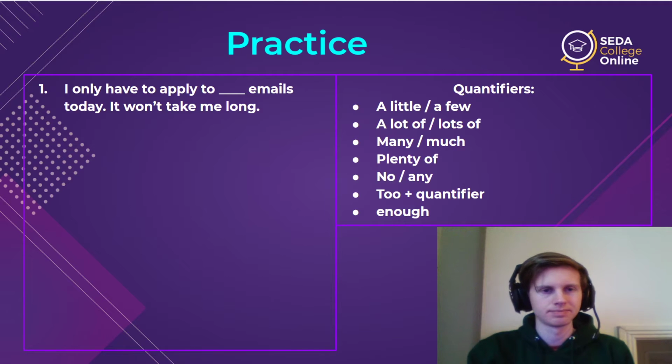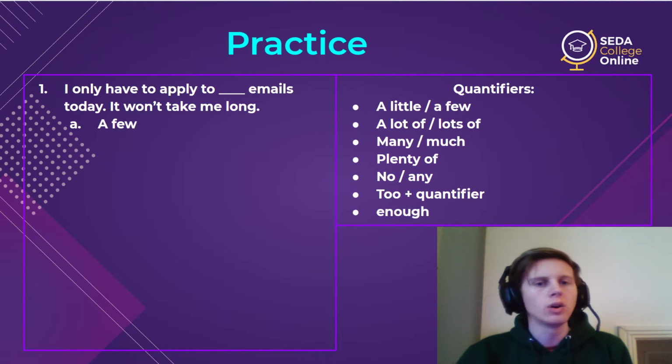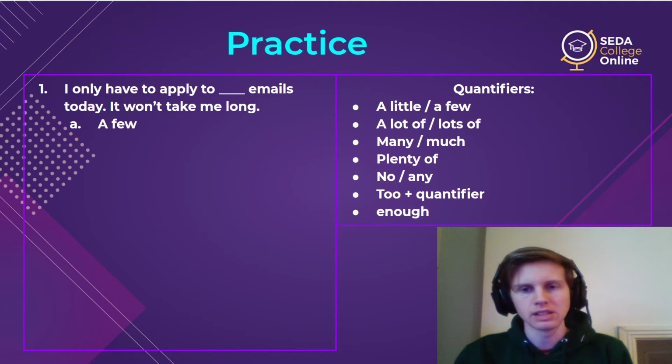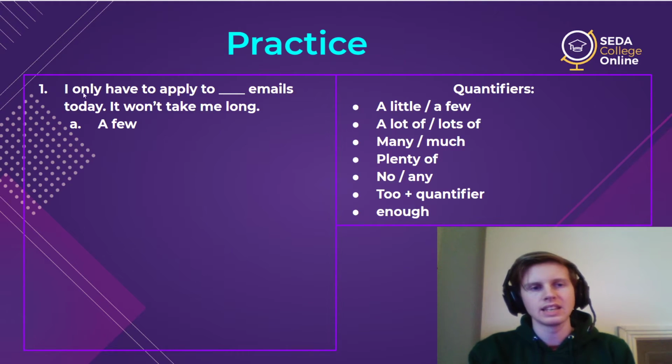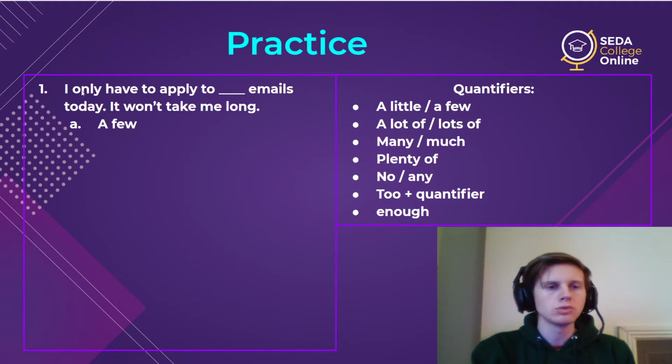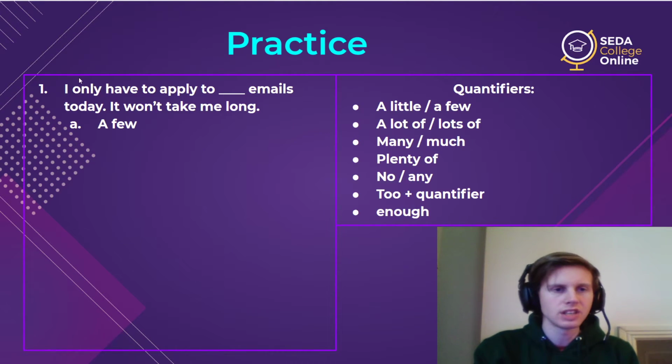Let's check. So this one, I say a few. I only have to reply to a few emails today. It won't take me long. So here it's got I only, and so only is the clue here. Usually, if I think it's a small amount, I'll say the word only.